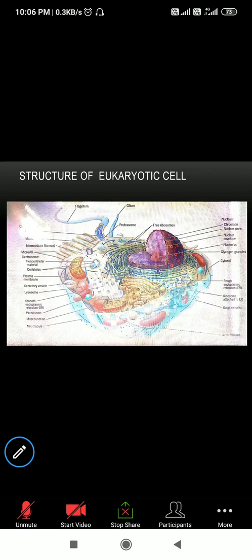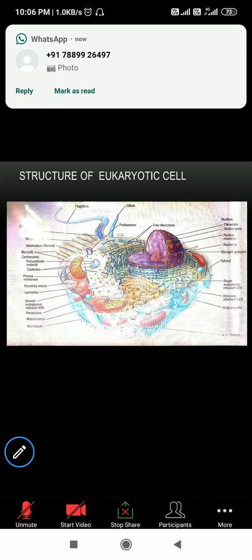As we know, the endoplasmic reticulum is the largest organelle present in the eukaryotic cell. It has a continuous membrane with the nucleus on one side, and on the other side it is attached at many points with the Golgi bodies. The whole membrane system is called the endomembrane system.